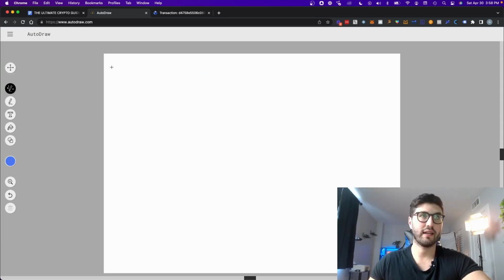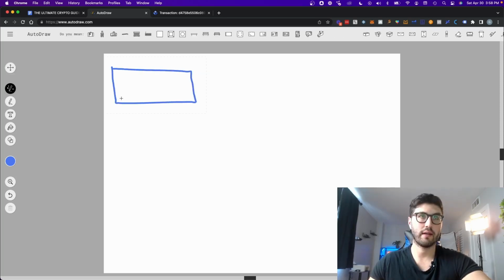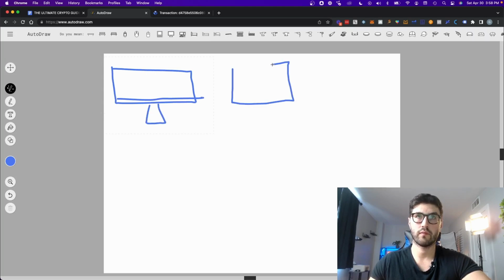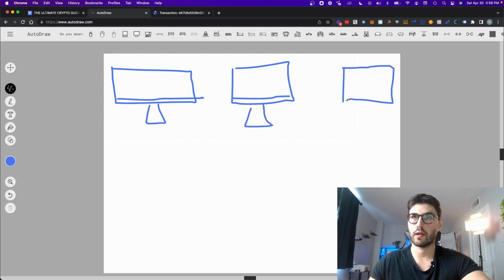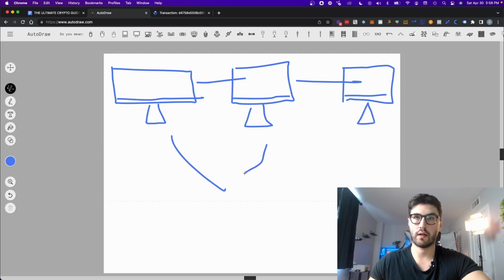Let's say that we have our network of computers again, and all these computers are connected right here because they all basically use the same software, right? Let's say that the software and the network that they're using right now is the Binance Smart Chain.